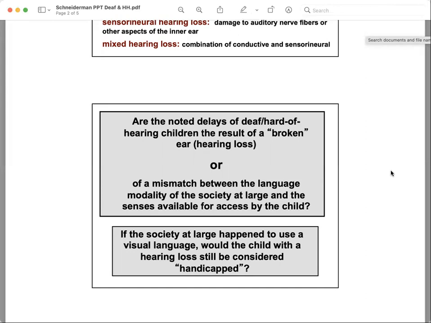As a result of this hearing impairment, the child is delayed or has struggled with many areas of development. And these delays are attributed to a broken ear, right? The hearing loss. It's a physical problem that the child has.